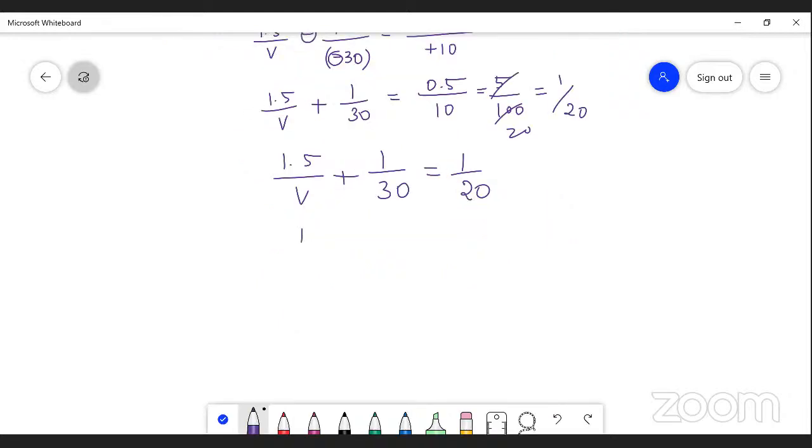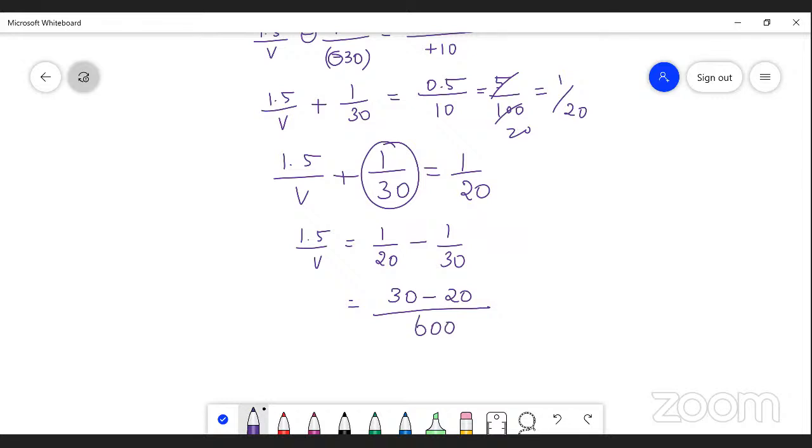1.5 by V is equal to 1 divided by 20 minus 1 divided by 30. The positive value goes to the other side as negative. So it is equal to 30 minus 20 all divided by 600. Cancel this, which is equal to 1 divided by 60.